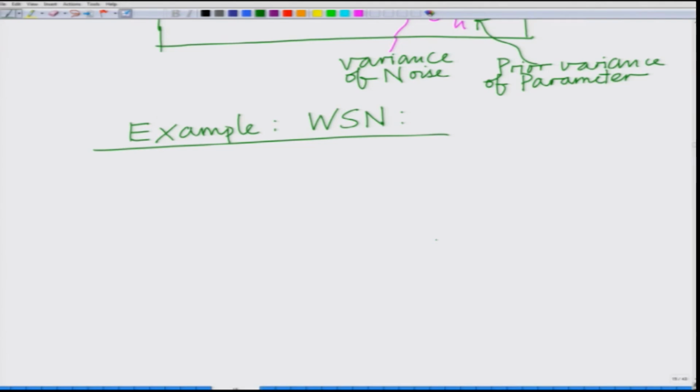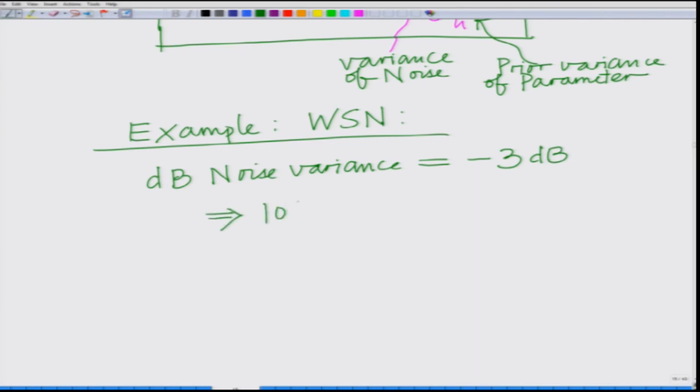Remember, we had the noise variance equals minus 3 dB, which implies 10 log 10 sigma square equals minus 3, which implies sigma square equals 10 to the power of minus 0.3, that is equal to half.